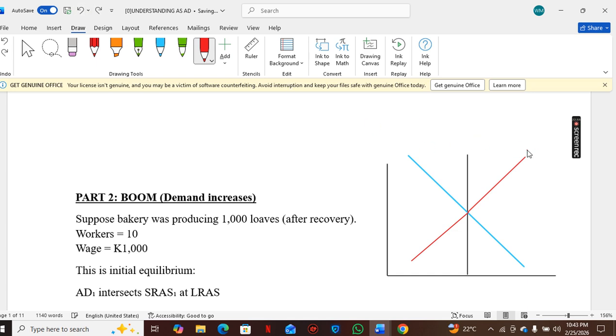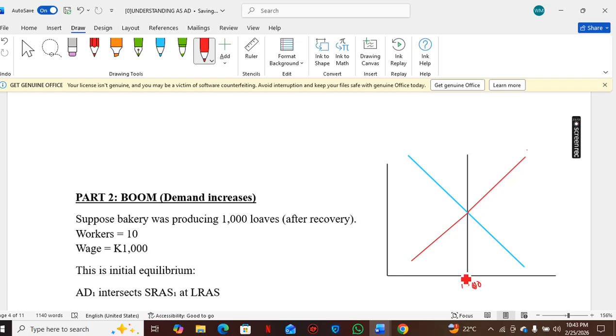Okay. So we're back at full employment, still producing 1,000 loaves of bread. We've got all the capital we need, all the workers, 10 workers.